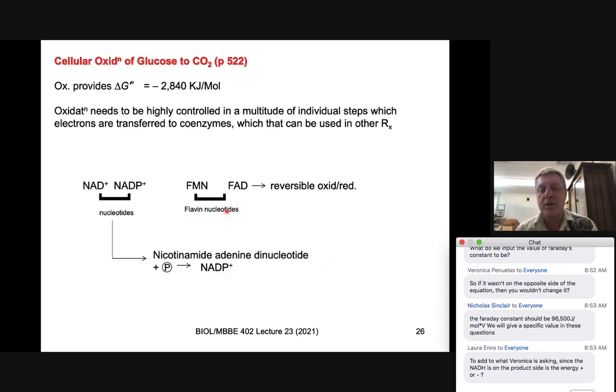We have flavin nucleotides, and again, we don't see so much of the flavin mononucleotide, but we see a lot of the flavin adenine dinucleotide, in this particular form the FAD, and the FADH2, which is going to be carrying two electrons and two protons. We're going to see this commonly occur in beta oxidation of fatty acids in the future, as well as in the TCA cycle. And we're going to become more familiar with these shortly in what they actually do.